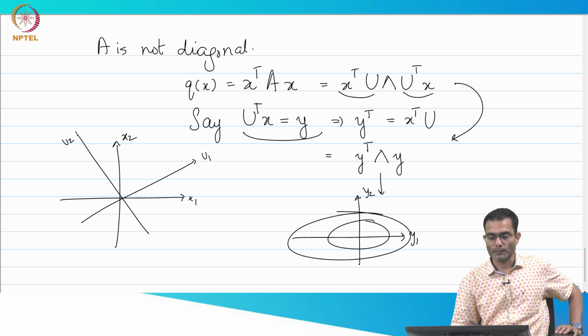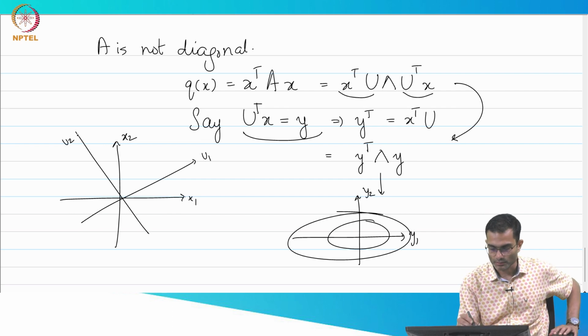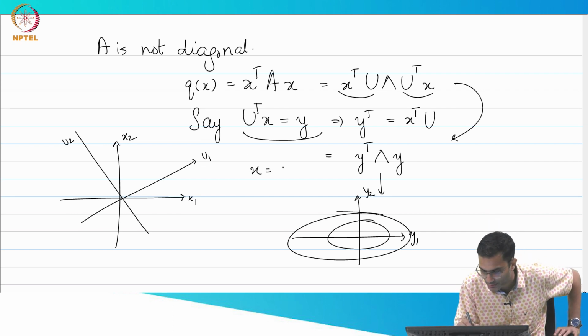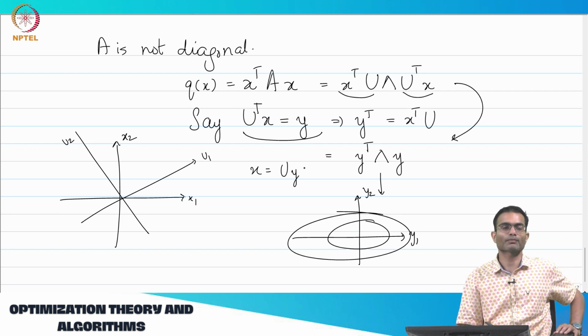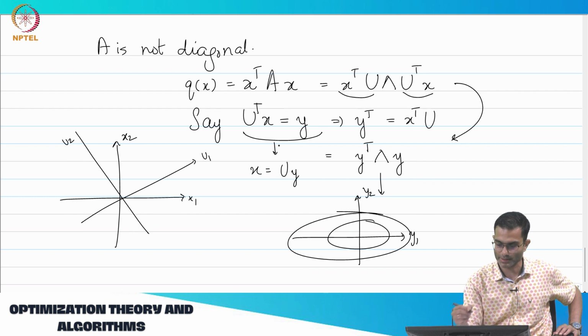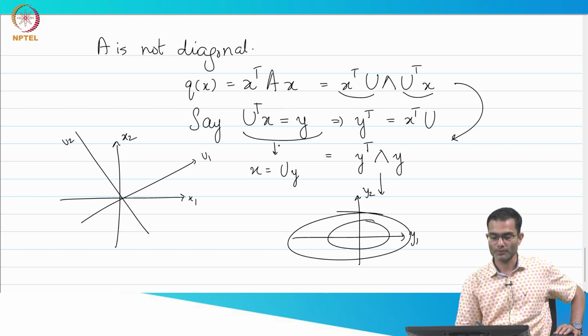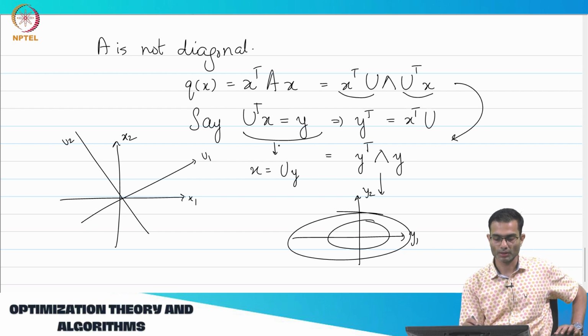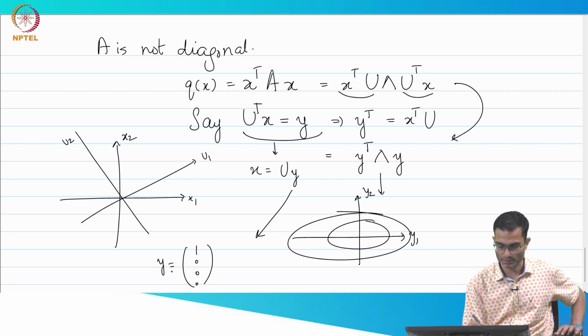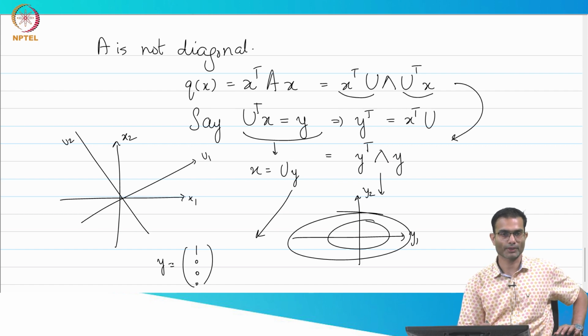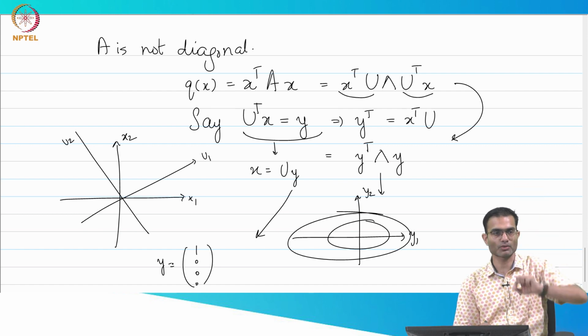Now, looking at this expression, I can say that x is equal to U y. If I left multiply by U transpose, I get this. So can I interpret this now? Supposing I give y equal to 1 0 0 0, like this: 1 in the first entry, 0 everywhere else.